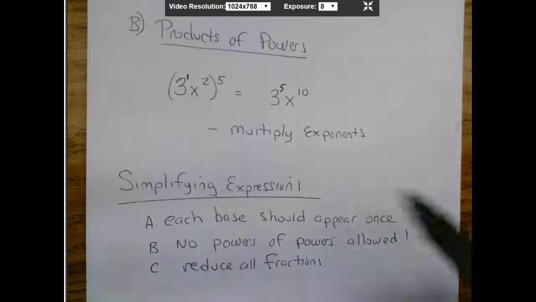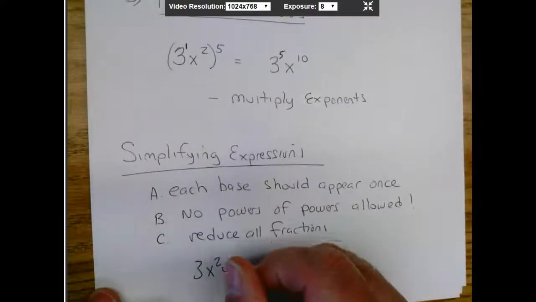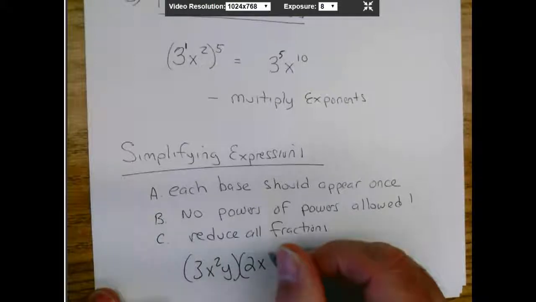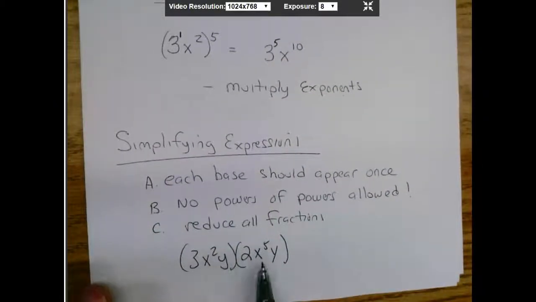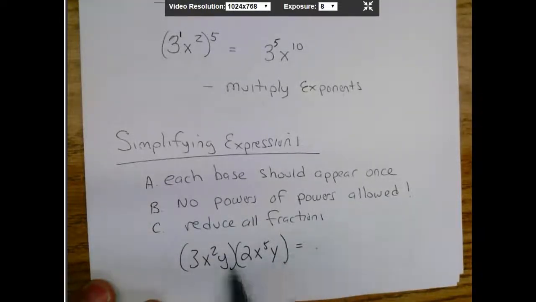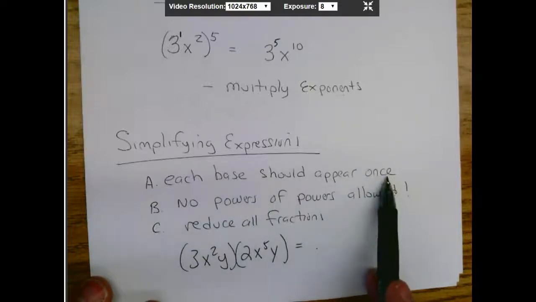So like if we have a condition where we have 3x squared y, we're going to multiply that by 2x to the 5th y. And see, we have an x here and an x here. In the final answer, we're going to have 1 x and 1 y and 1 constant. Okay, so each base should appear only once.